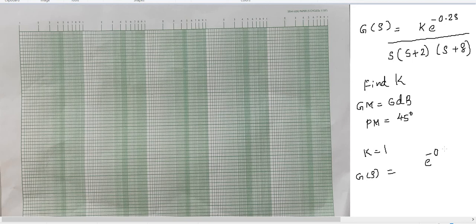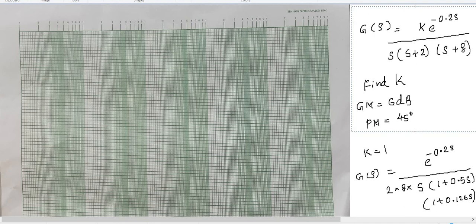So e^(-0.2s) divided by 2 into 8 into s into (1 + 0.5s) into (1 + 0.125s).